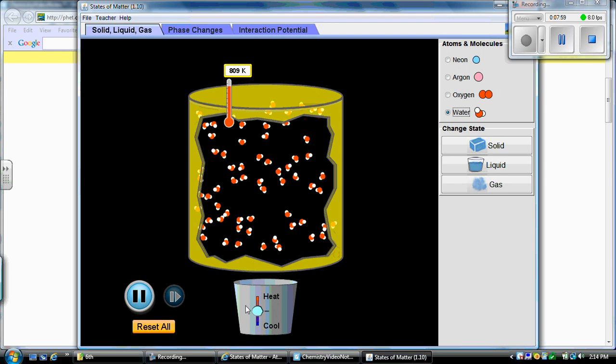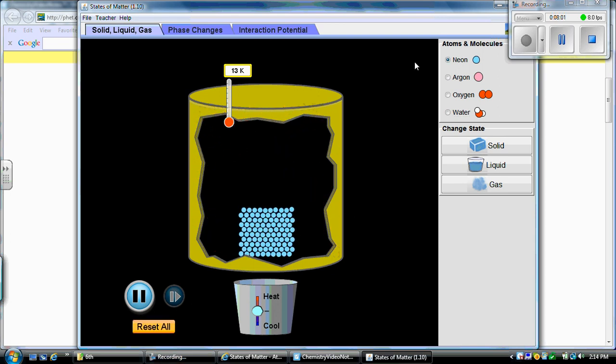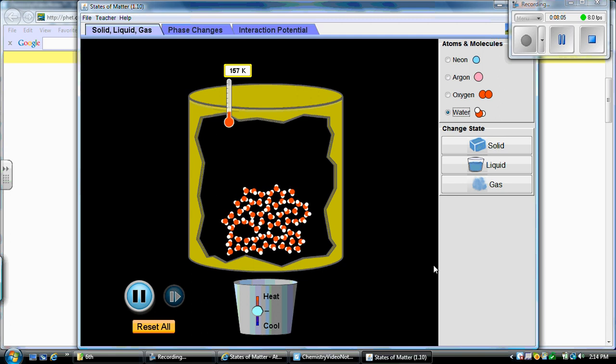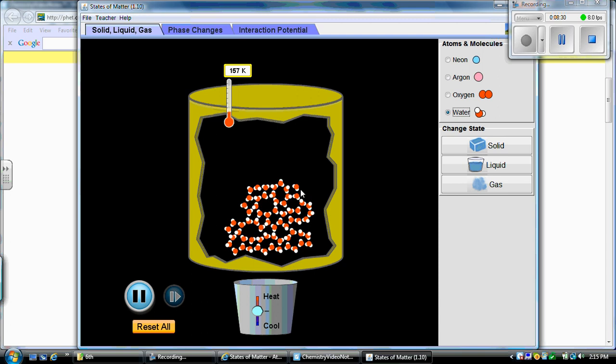Water. Let's reset all and go to water. It's a compound, H2O. Now, when water is in a solid phase, you see these big spaces between the molecules. We get into this a lot in 8th grade, but this is one of the reasons why something with very little mass, like a spider, can walk on water: they don't break through the bonds between the water molecules, so they can continue to walk on them.